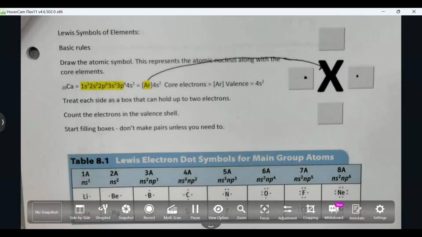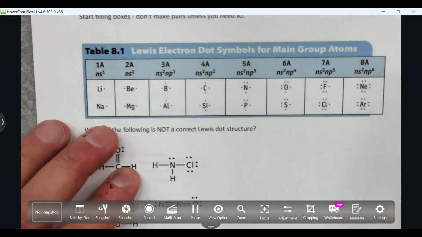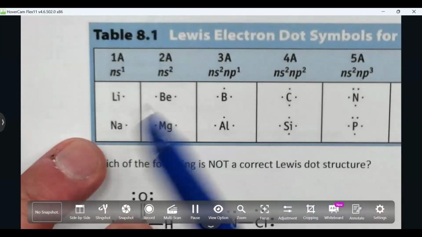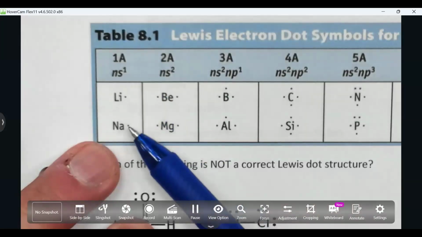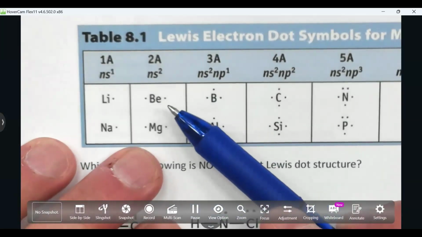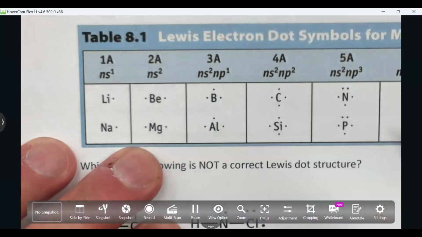So here's how this would look. Here are my electron dots. This is group 1, which has one valence electron. We would just put it in like this. Group 2 would have two valence electrons, one on each side, as far apart as possible.